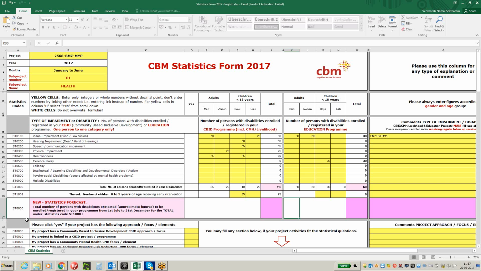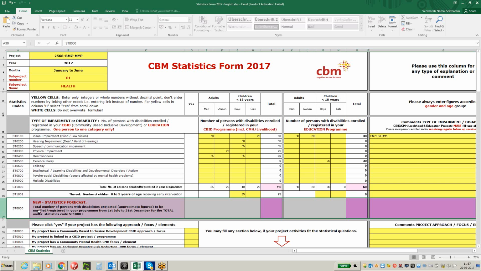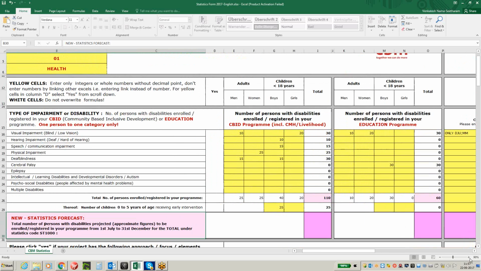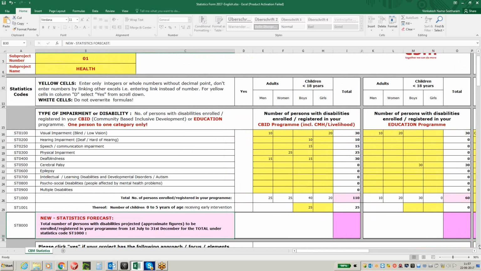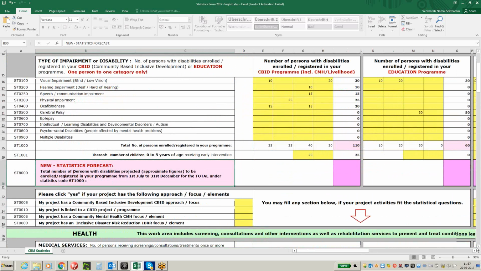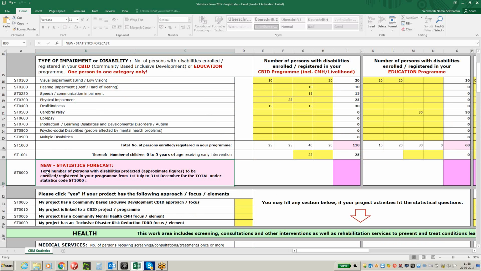Okay. Next, on row number 30, what you see here is the new statistics code, which is in 2017. For example, as you can read, I'll just make it bigger so that everyone can view. I'll just read it out. This is a new statistics forecast.